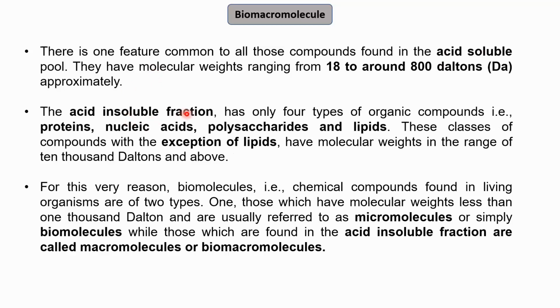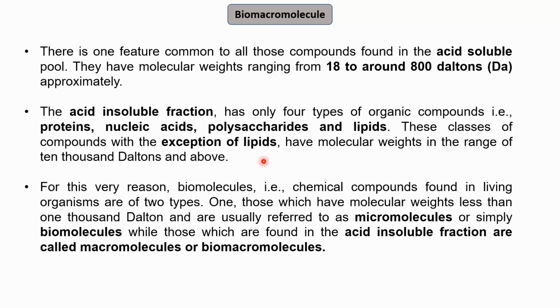In the acid insoluble pool fraction, we have four types of organic compounds: proteins, nucleic acids, polysaccharides, and lipids. These classes of compounds, with the exception of lipids, have molecular weights in the range of 10,000 daltons and above.